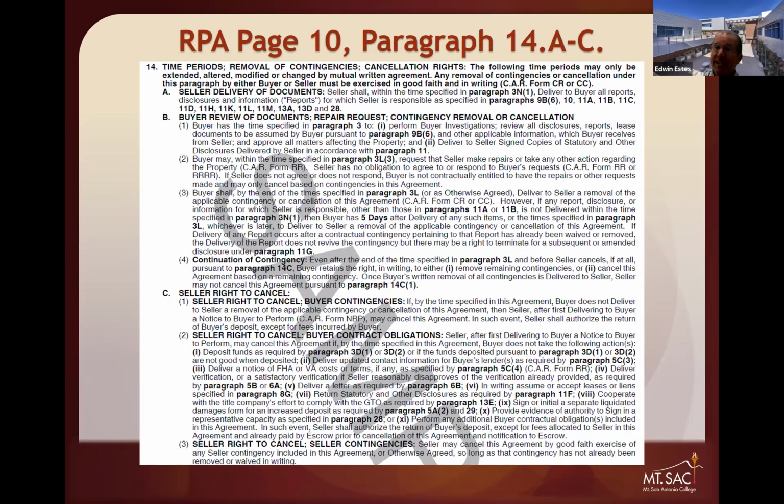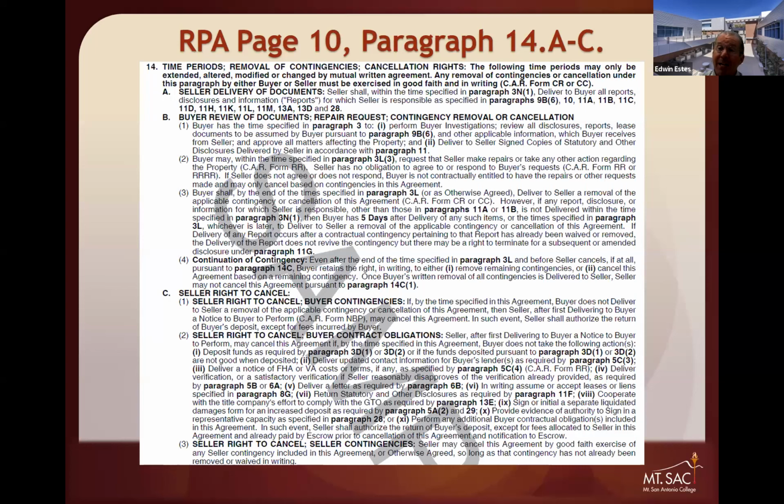Again, 17 days after acceptance. So we have the 7 days and the 17 days running concurrently. Provided the seller has given everything to the buyer within those 7 days, the buyer is going to at least have 10 days to digest that and do whatever additional inspections they think are appropriate.